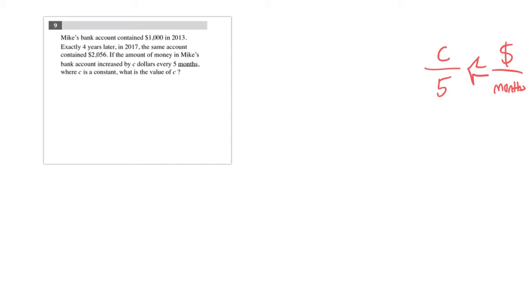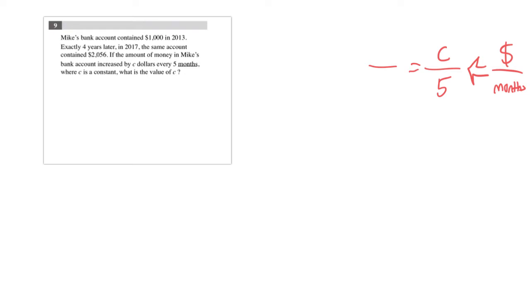So this is a relationship that's true if we take into account the units of dollars and the units of months. So if we want to find out what C is, it might be a good idea to set this fraction C over 5 equal to some other fraction that would feature dollars on top and months down below.